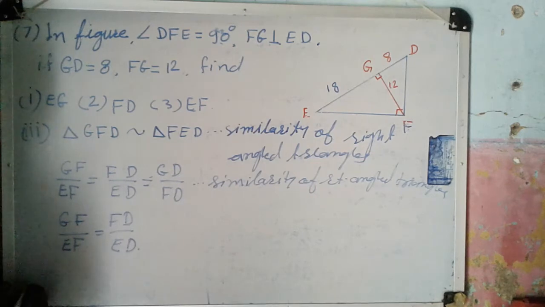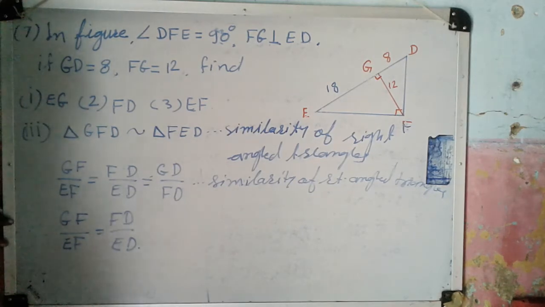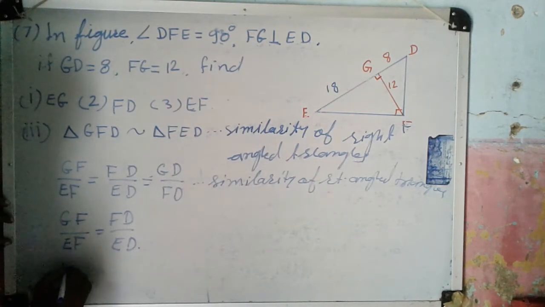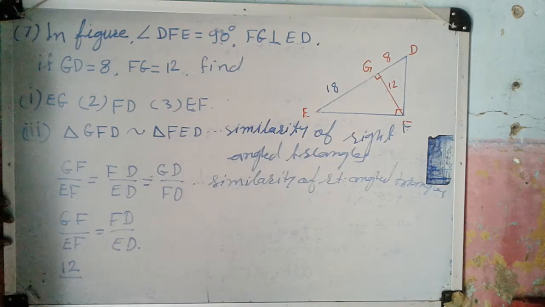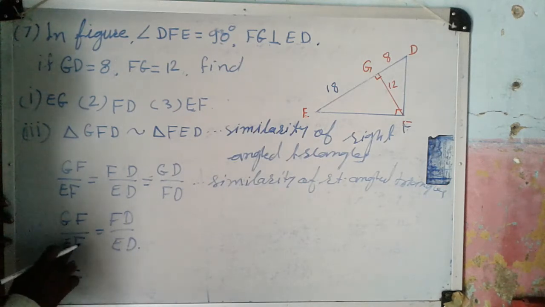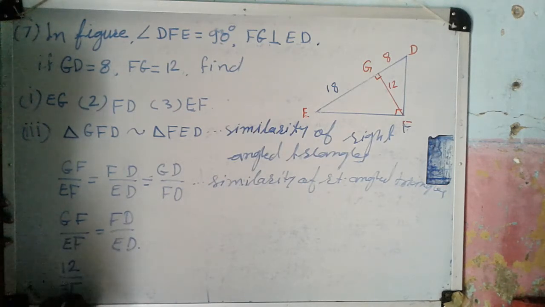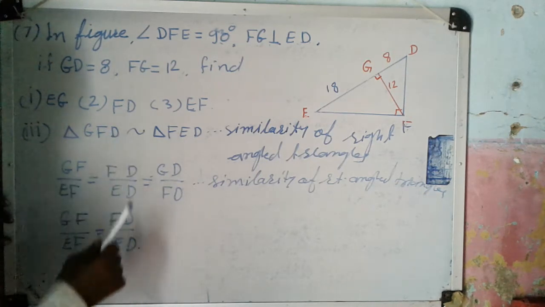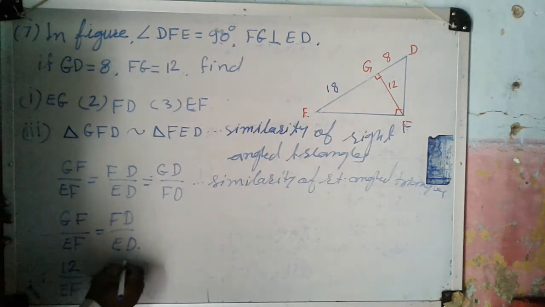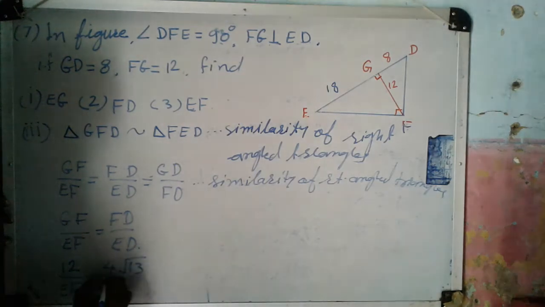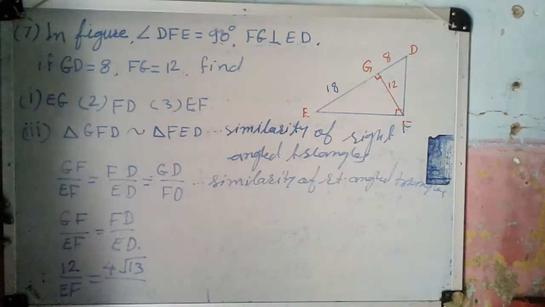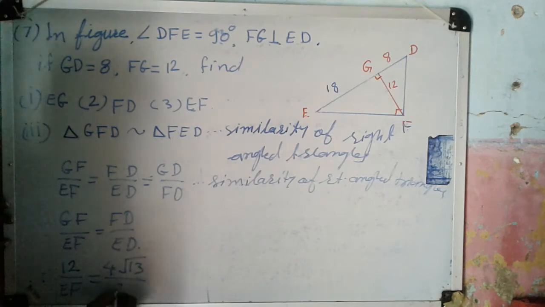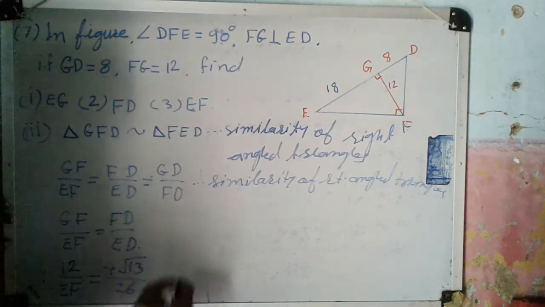Now put the values here. So here GF is equal to 12, EF we have to find, FD already we have that FD is equal to 4 under root 13, and ED is equal to 26.